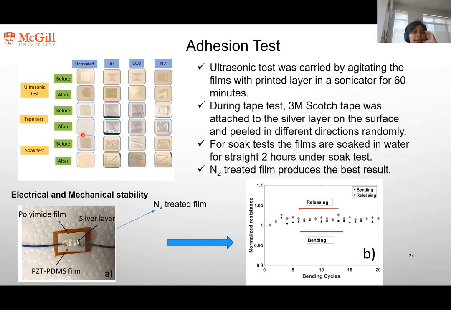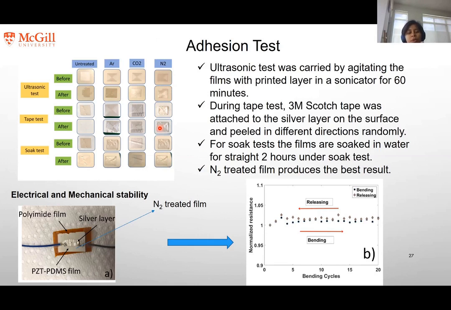These were printed right after treating the surface. You can see that with the nitrogen one, the pattern survived all of those tests and gives the best results.